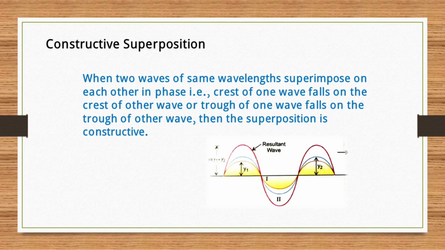Superposition may be constructive or destructive. So what is constructive superposition? When two waves of the same wavelength superimpose on each other in phase, that is, the crest of one wave falls on the crest of the other wave, or the trough of one wave falls on the trough of the other wave, then the superposition is constructive.